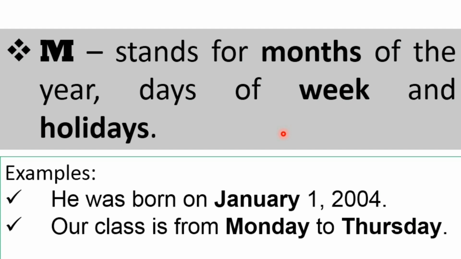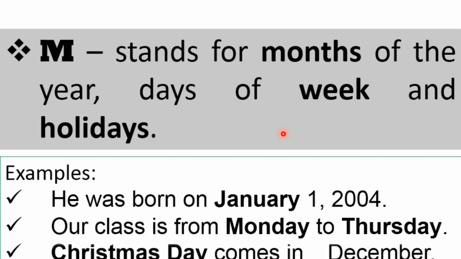Next one, we have holidays. For holidays, these are the events or occasions that we are celebrating. So examples of this are Valentine's Day, New Year's Day, All Saints Day, Thanksgiving Day, and others. For example, Christmas Day comes in December.